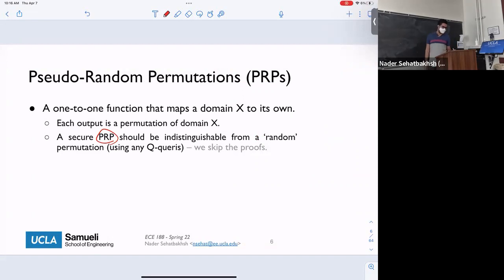So essentially, if the adversary sees Q pairs of these, basically the message and the ciphertext, and then we ask the adversary to tell me what the Q+1 mapping is, the adversary should not be able to tell that with significant probability. So the probability of that should be just 50% plus some epsilon. And in this way, we are basically getting the semantic security that we want.